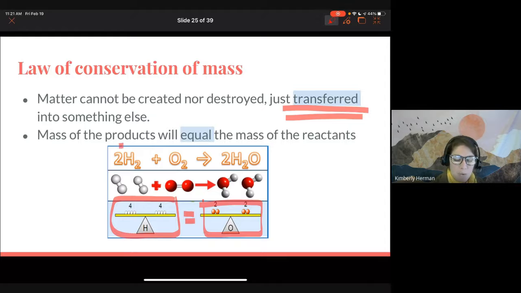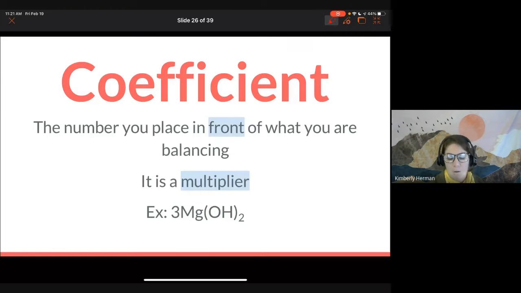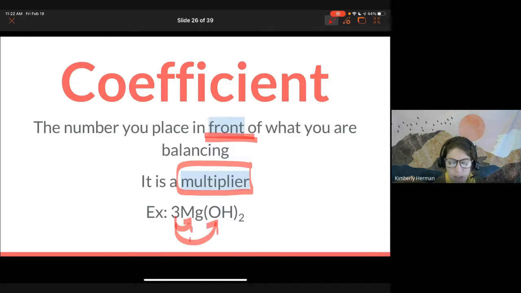Now you'll notice that we talked about this number, a coefficient, as a multiplier. And we're going to see that we use these coefficients as we go through to balance it. So these coefficients can only be placed in front of what you are balancing, and they are a multiplier. So if we look at this example of 3Mg(OH)2, we would need to multiply that 3 into each one.